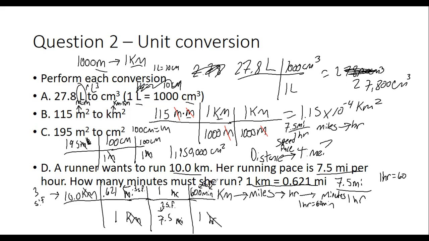So things like conversion between hours and minutes, you really don't count the Sig Figs. I did here just to remind us of the Sig Fig rule, but that's an exact number. By that, I mean I can write as many zeros as I want, and that will always be true. Like 1.0000 hours equals 60.0000 minutes.